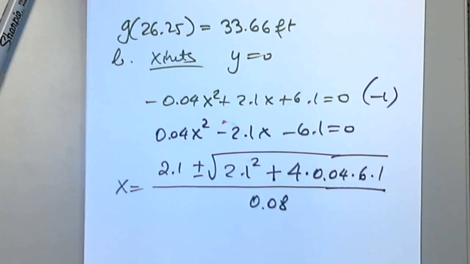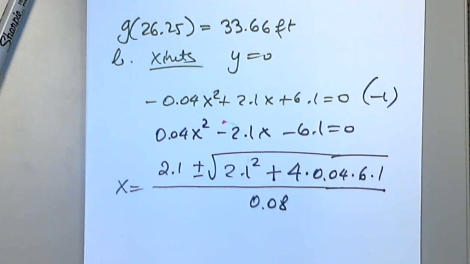Yes, but careful, it's 0.08. Good. So, parentheses for the top, 2.1 plus square root, parentheses. You already know me, I'm old-fashioned.